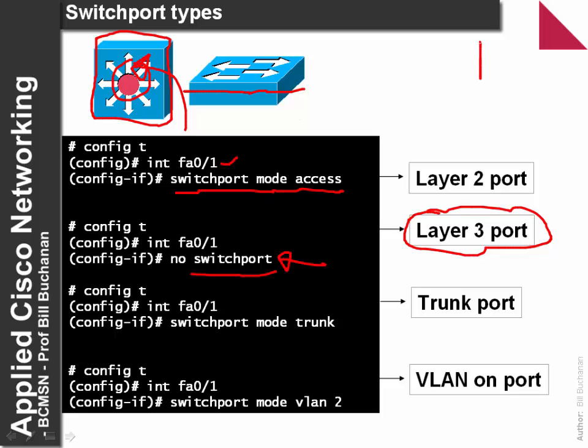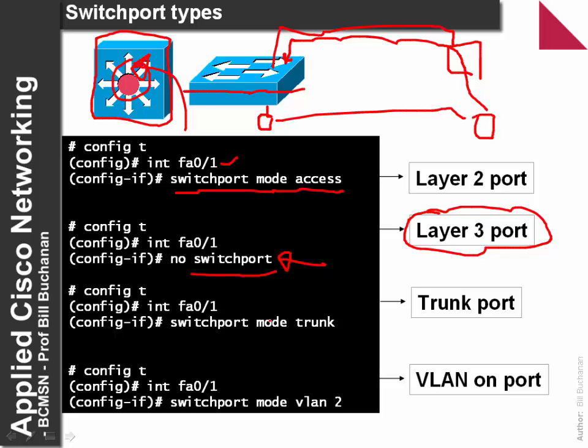If we want to trunk between VLANs on a switch, so from one switch to another, we need to enable a trunking port. Then the VLAN traffic will travel along the trunking port to the other switch, which will then be able to connect and join up the two VLANs. In this case, the first port is defined as a trunk port.